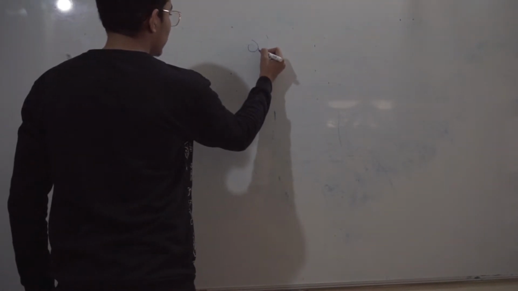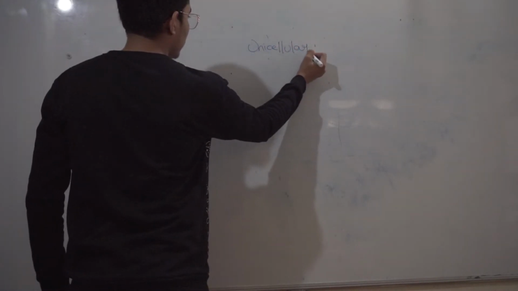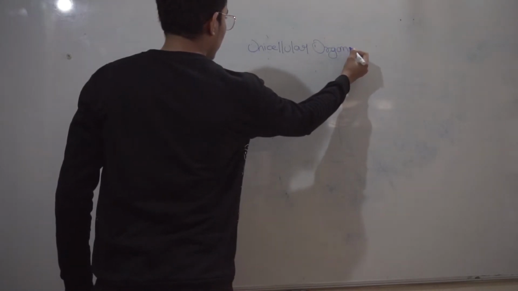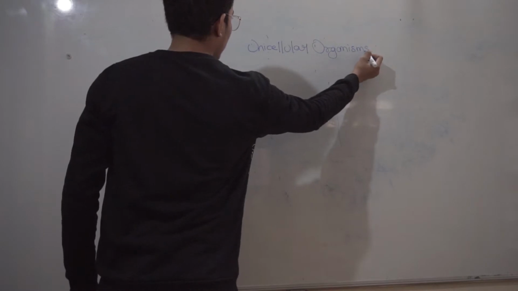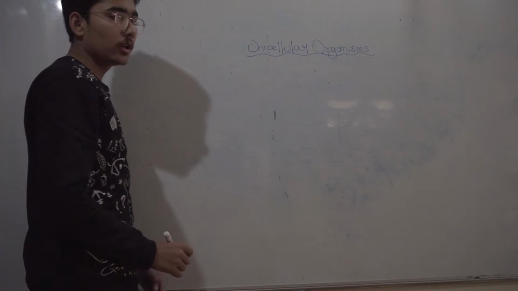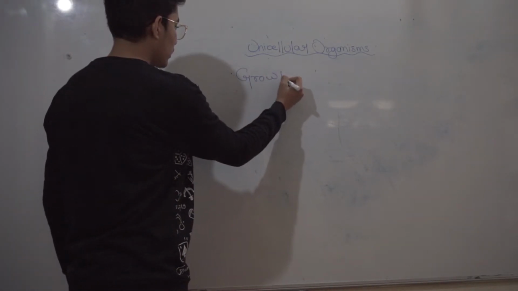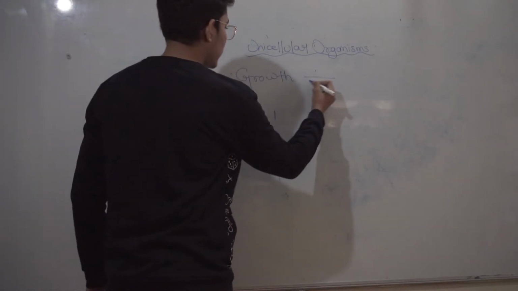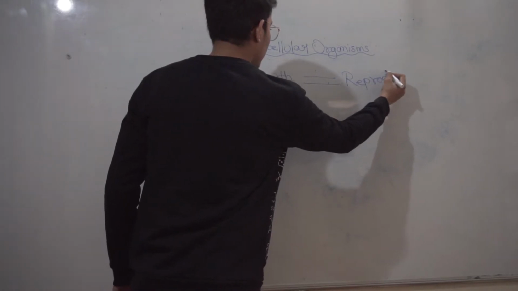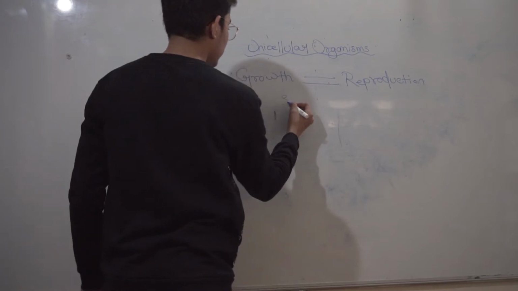In unicellular organisms, growth is equal to reproduction. They are synonyms.